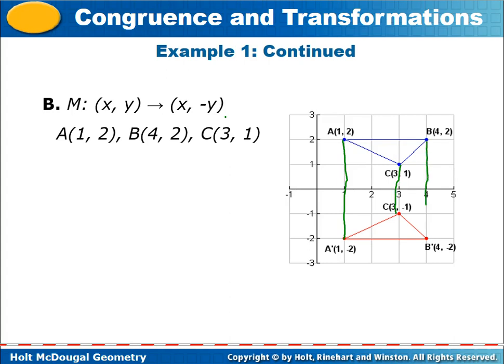Now something I immediately notice is that they're not the same length. But I do notice that this right here is bisecting those lines that I just drew from A to A prime. And it's a right angle to all these. So I could use what we learned last unit as well to determine that this is a reflection over the x-axis.